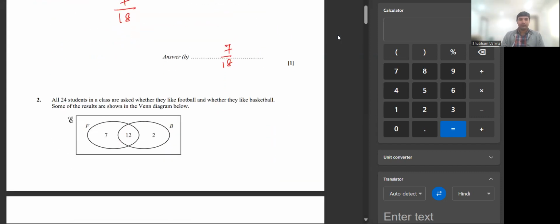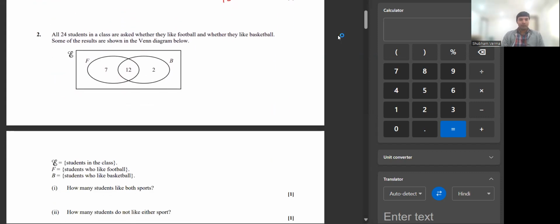Okay, let's see the next part. Second question: all 24 students in a class are asked whether they like football and whether they like basketball. Some of the results are shown in the Venn diagram. Those who like only football is 7, only basketball is 2, and both is 12, and the total is 24, right? So when we add them together, 12 plus 2 plus 7, that is 21, sorry, my bad.